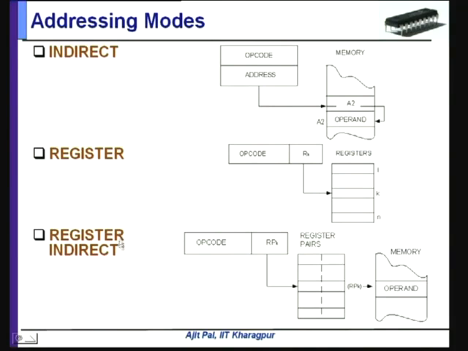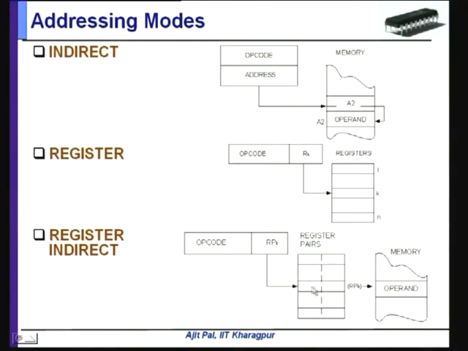Then you can have register indirect. Just like indirect addressing, here also the register does not have the operand, but has the address of the operand. Sometimes we use the concept of a register pair, because a single register may not be able to hold the entire address. For example, your register is 16 bit, but the address is 32 bit.